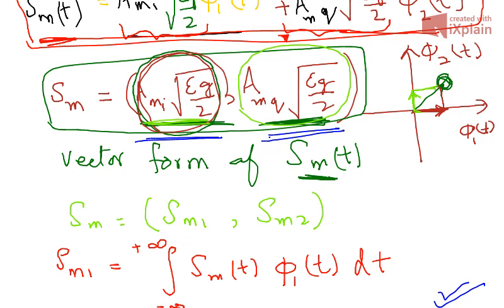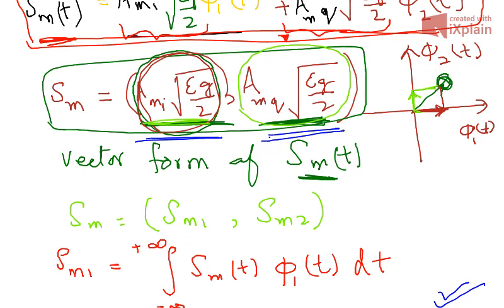Just put in these values and you will be able to derive it. Because we did it multiple times in the previous video, I will not do this calculation for you. So this is just the representation of the quadrature amplitude modulated signal in terms of the orthonormal basis functions, and it has its own significance.